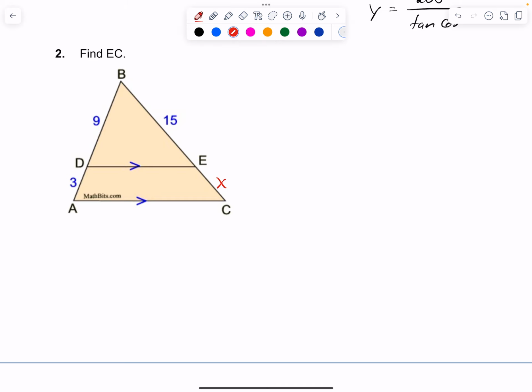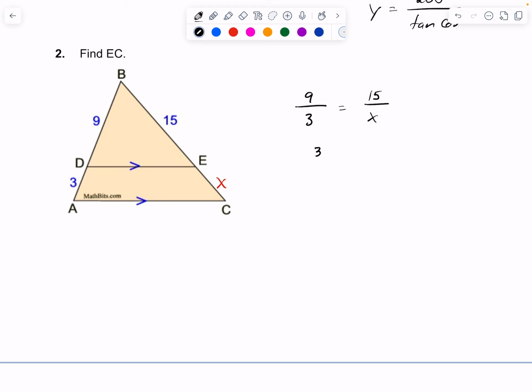So we'll call that X. So I'm going to use my understanding of the theorem sheet to write 9 over 3 is equal to 15 over X, right? This is different than the way that I set up the proportion in one of the earlier reviews because the numbers were not on the sides like this. So because of these parallel lines, it breaks this up into proportional ratios. So I can go ahead and set those equal to each other like I've done.